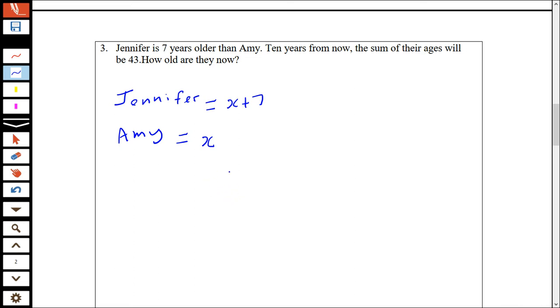Okay, now what about in 10 years' time? So in 10 years' time, how old will Jennifer be? All right, so let's have a look.